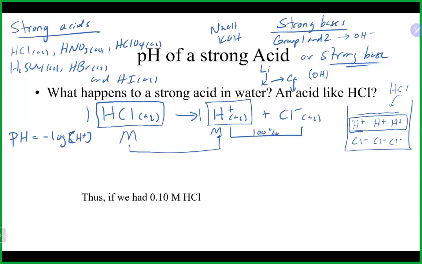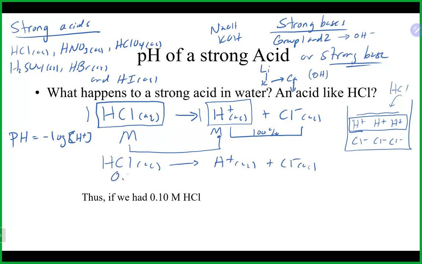relationship. So for example here, if we had 0.1 molar hydrochloric acid and we wanted to determine what is the pH of that, we could do our breakdown here of basically our acid dissociated into H plus and Cl minus.